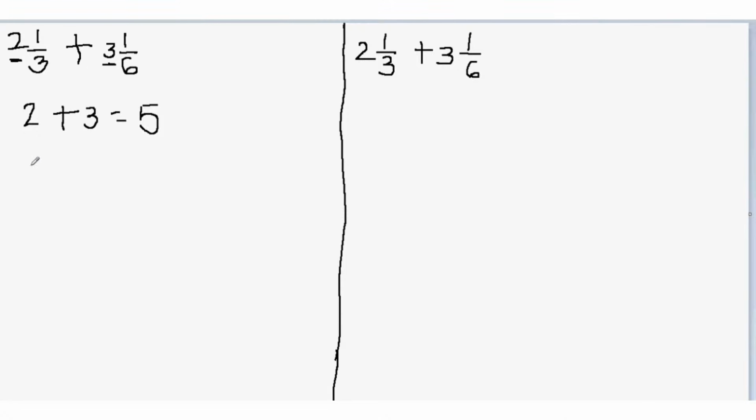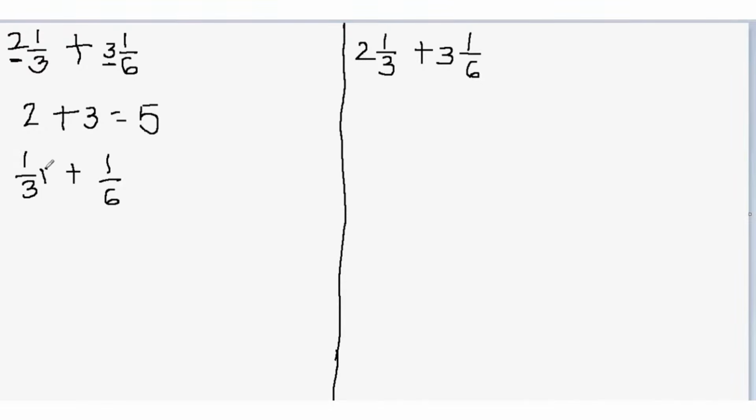Now, we have to add the fractional part. For the fractional part, we have 1/3 plus 1/6. So what do you notice here? We have different denominators. Whenever you have different denominators, you have to make the denominators equal. Then only you can add the fractions. So what do I multiply this fraction by to make the denominator equal to 6?